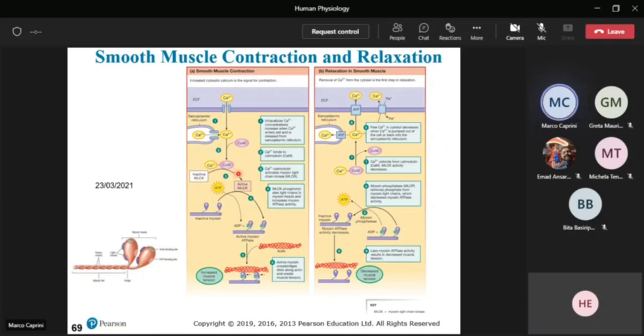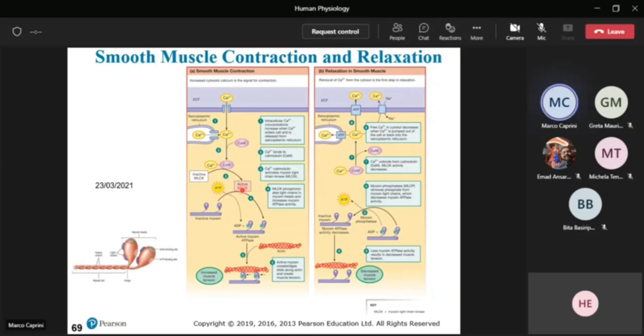Kinase is a phosphorylation of something, okay? So the calcium-calmodulin binding is the first step that initiates the cascade I told you before, the cascade that results in the phosphorylation of the myosin light chain.